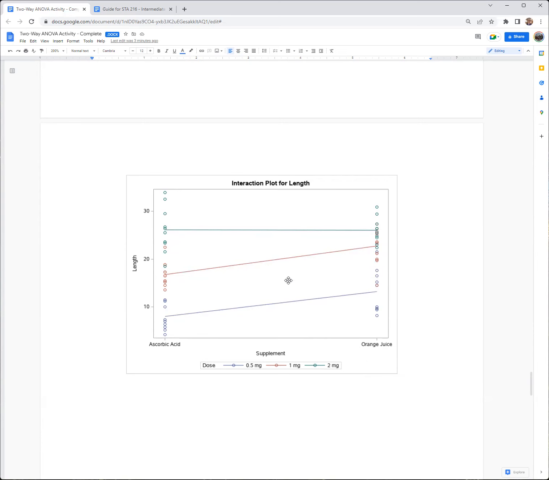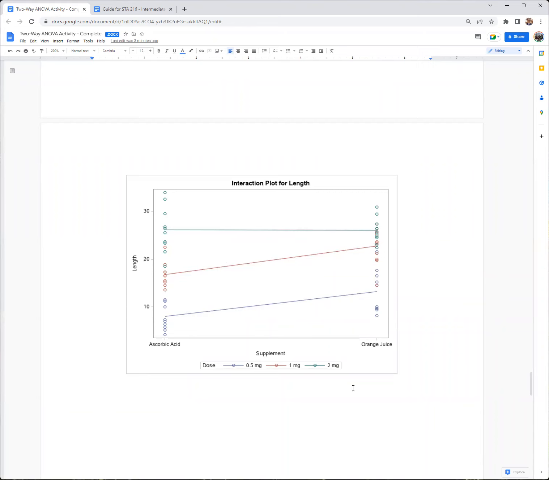Okay. So in this case, the red and the blue line here are quite parallel. So that suggests there's not an interaction. But when you look at the green line, this slope is almost zero. It's flat, whereas these ones have positive slopes. So because these are different, they're not exactly parallel.